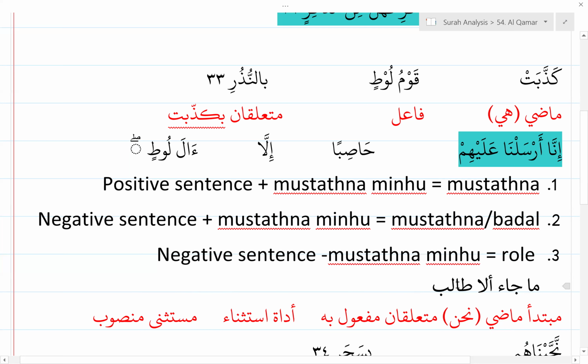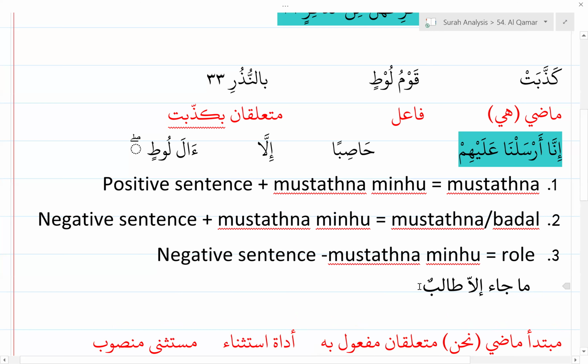So how would I write this talib? What I can do is remove this. You remove this, and then you look at the sentence. جاء طالب. So this is my fa'il. So I'm going to say جاء طالب. So ما جاء إلا طالب. So I look at the role that it is playing in the sentence.